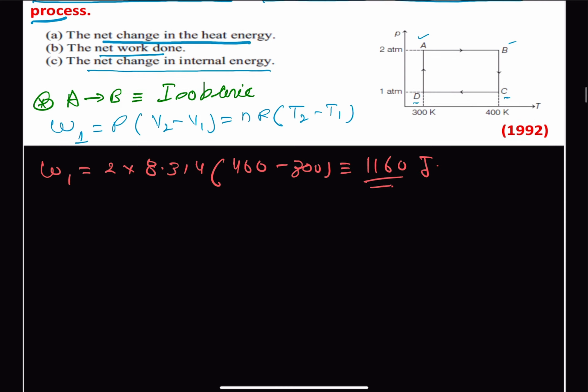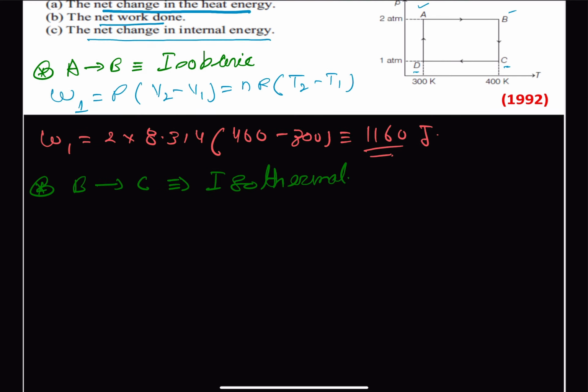Now we come to our B to C, which is basically an isothermal process.